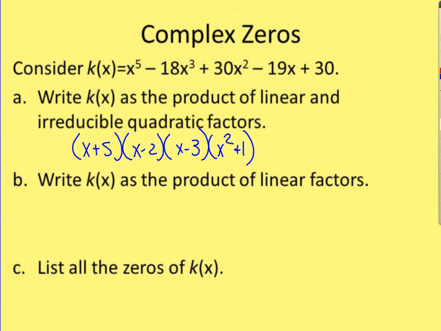If we want to just write it as the product of linear factors, we are going to have to factor that last part. Now we need to remember that i squared is equal to negative 1. And if you take the square root of negative 1, that is equal to i.